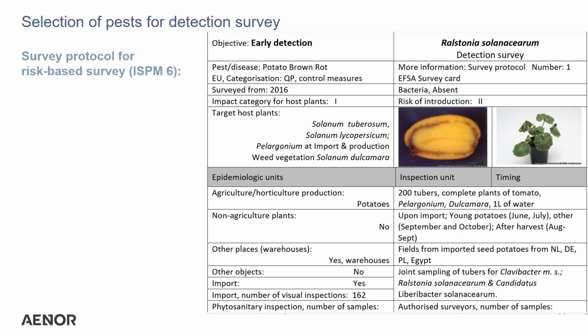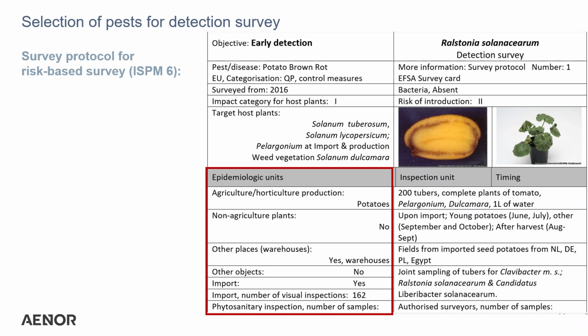Then we briefly show the symptoms of infection and describe the epidemiological units where the visual examination can actually take place. For example, for this disease, the horticultural reproduction of potatoes will be covered. This is also known in non-agricultural plants. It will also be checked in the warehouses.